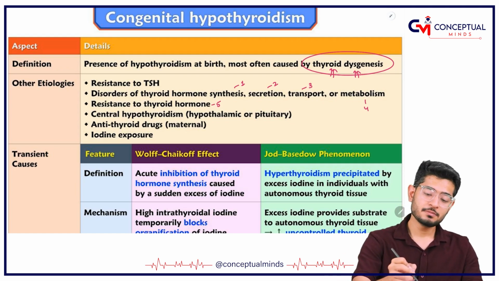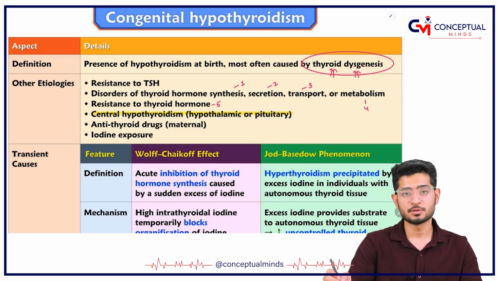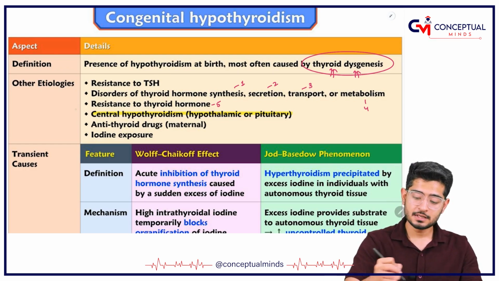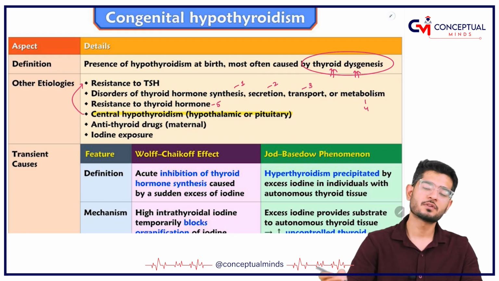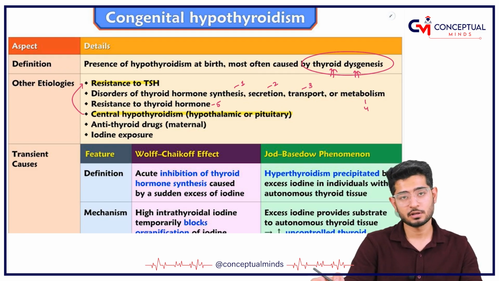Okay, it can be because of the central problems as well, like hypothalamic and pituitary issues, where the hypothalamus and pituitary are not able to synthesize the adequate amount of TSH. And if the TSH is not formed, or even if it is formed, resistance to TSH, in both of these cases the child will have hypothyroidism.